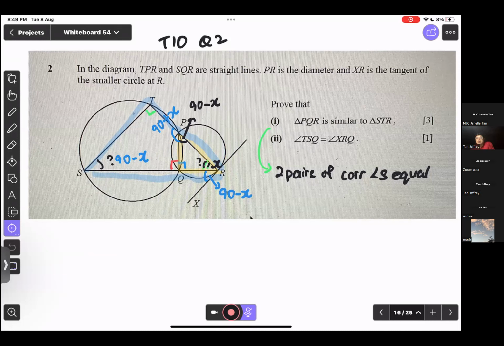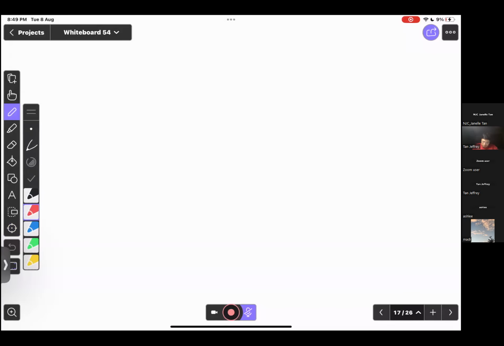Wait, Mr. Tan. Yes. This question is not from the revision package, but it's about the property that the angle at the center is two times the angle at the circumference. Correct. How do you know which angle at the center is half of which angle at the circumference?